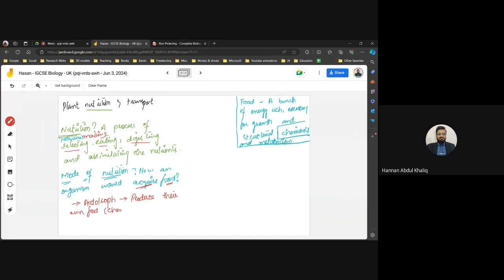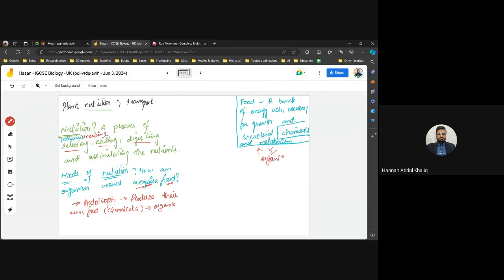And what does it mean? They can produce their own chemicals. According to this definition, remember that autotrophs, and I'm just telling this to you because this is a bit technical concept, are only autotrophs for the organic compounds.